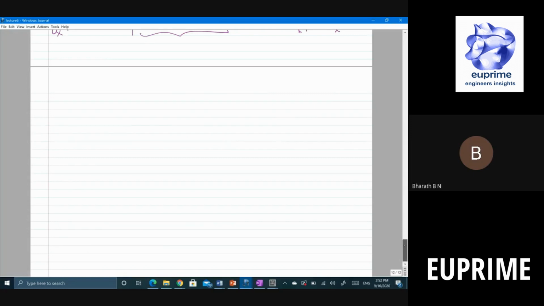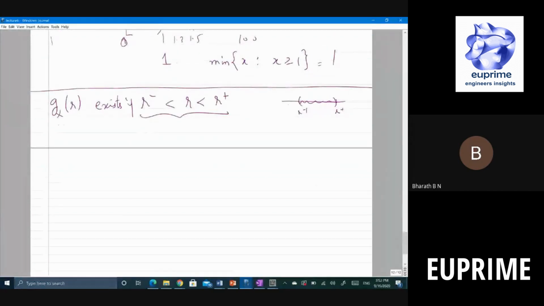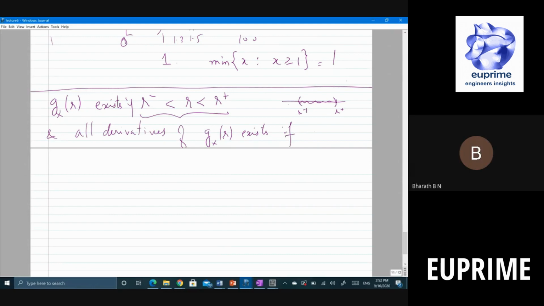I leave this as an exercise. I want you to think about this. So g_X(r) exists if this is true, and all derivatives of g_X(r) exist if r minus, I don't know, somehow I write r power minus 1 less than r less than r plus.